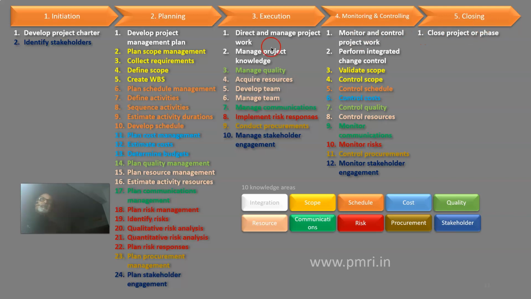So we discussed about the 5 process groups of initiation, planning, execution, monitoring and controlling, and closing. And we saw how these 49 processes are grouped under these 5 process groups. Now we have used a coloring scheme. So here we have the 10 knowledge areas of integration, scope, schedule, cost, quality, resource, communications, risk, procurement, and stakeholder management.